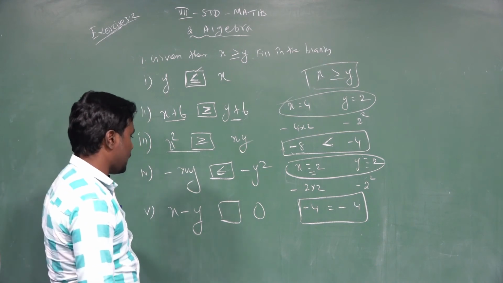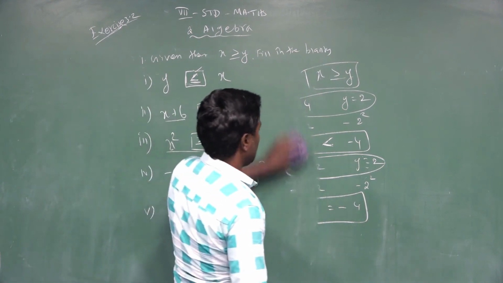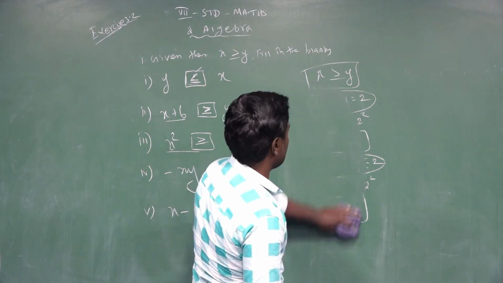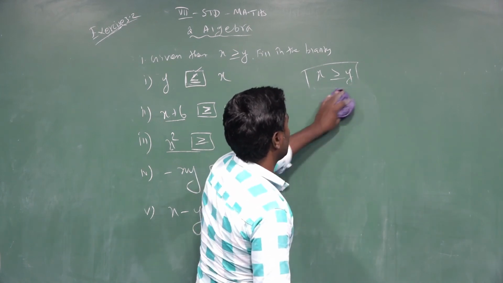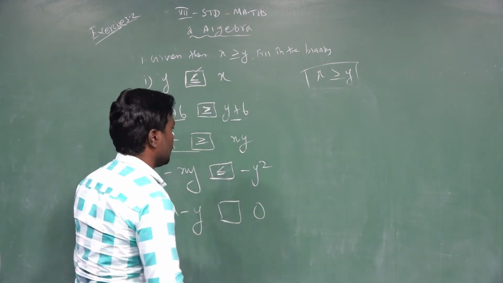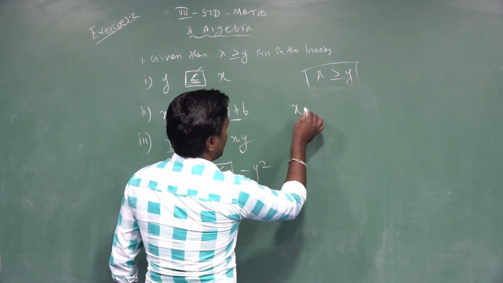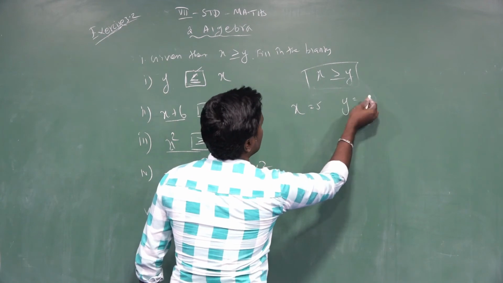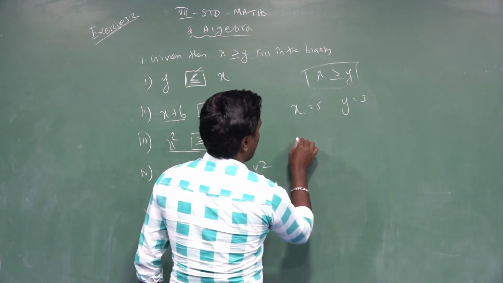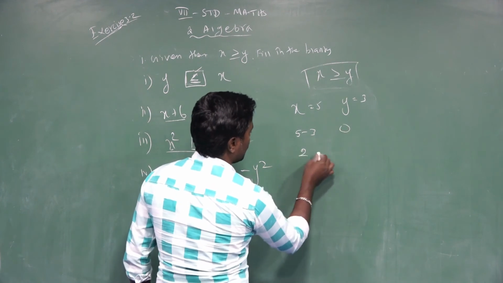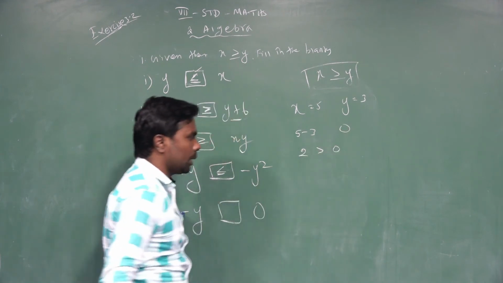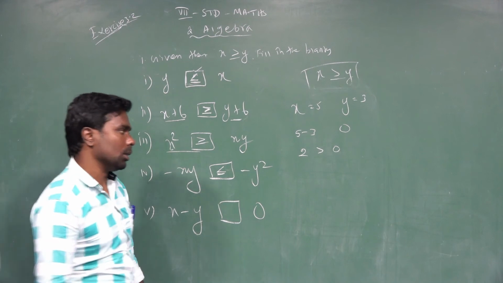The last one, x minus y is what? x minus y is an empty box and 0. Here x is 5 and y is 3. So what about 5 minus 3? 2. 2 is greater than 0.